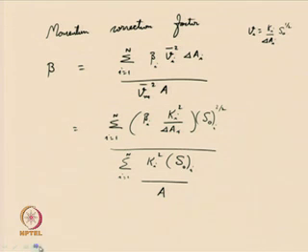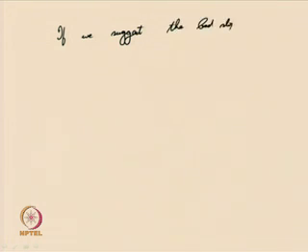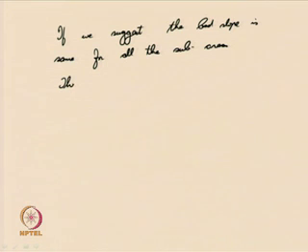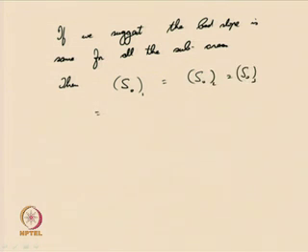Now, if we suggest that the bed slope is the same for all the sub areas, then S naught 1 is same as S naught 2, for all the n sub areas, the bed slope will be same.